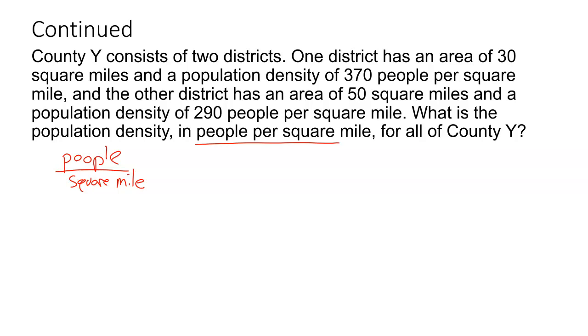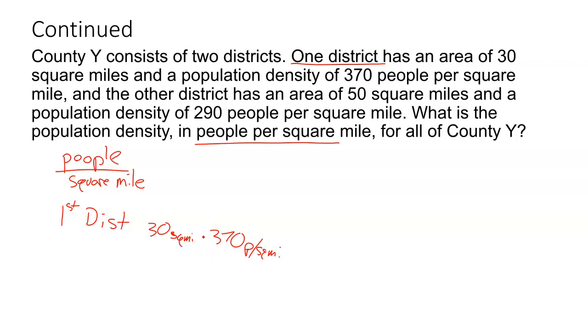Well, they give us piece by piece. So they give us one district has 30 square miles and 370 people per square mile. So if I've got 30 square miles and 370 people for every square mile, how do I find out the total number of people?